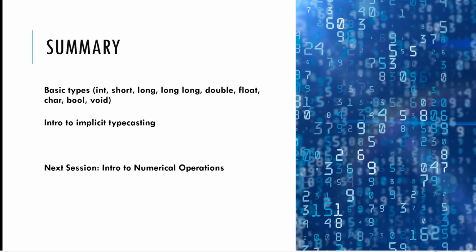And what I want to do is try to make you think about how to not make bugs. So we are going to go very deep into implicit typecasting. There's a lot of this when it comes to numerical operations. We'll also talk explicit typecasting at the same time, simply because sometimes you can't do numerical operations without it.